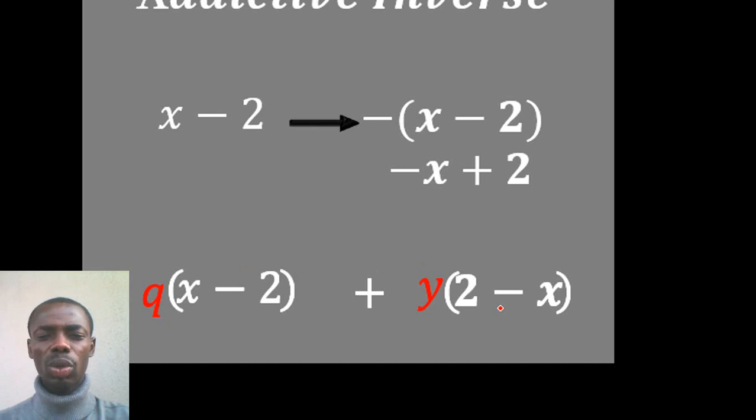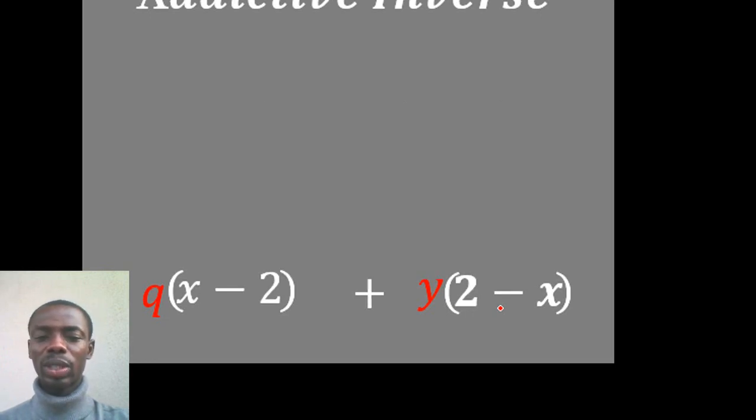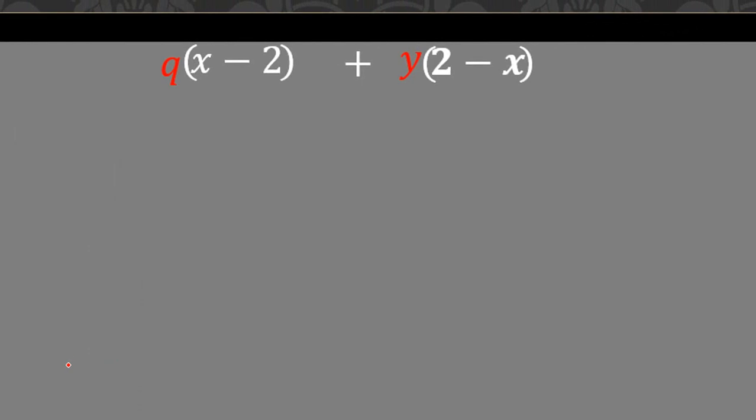So how do we change a value to its additive inverse without causing problem? We need to expatiate on that also here. We may need it somewhere. So let's go further and let's see how we can be helped in this matter. Having what you have on your screen now, q multiplying x minus 2 and y here multiplying 2 minus x.